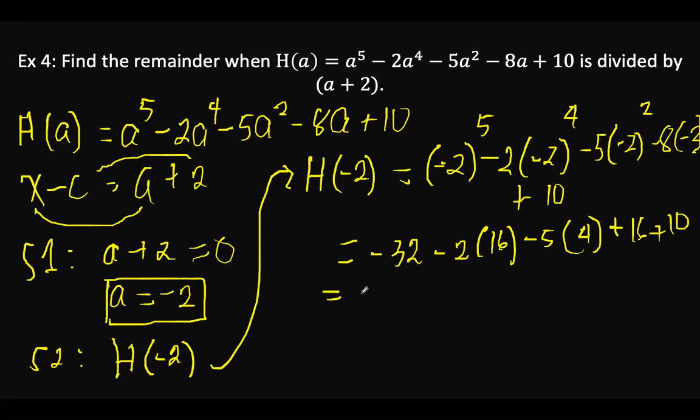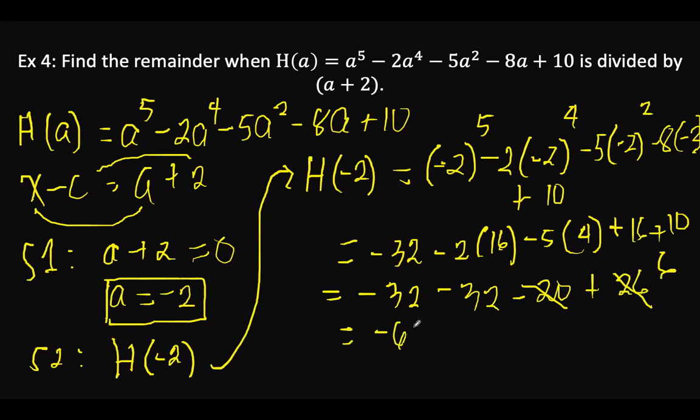So we have negative 32 minus 32 minus 20 plus 16 plus 10, that is 26, correct? Okay, so here, we can simplify this. Pwede natin simplify ito. So ito ay magiging 6 na lang matitira. Okay, this is negative 32 minus 32 is negative 64 plus 6.